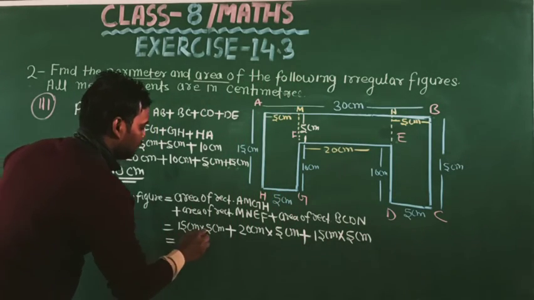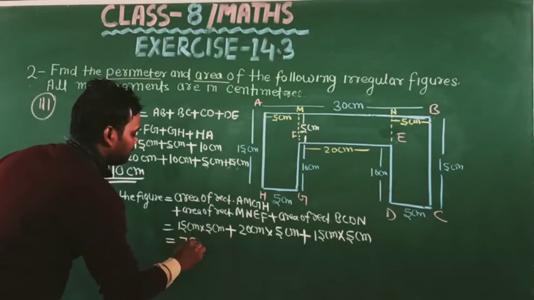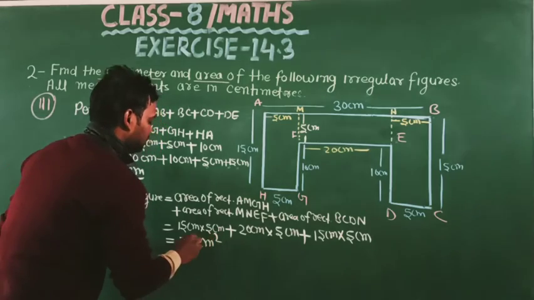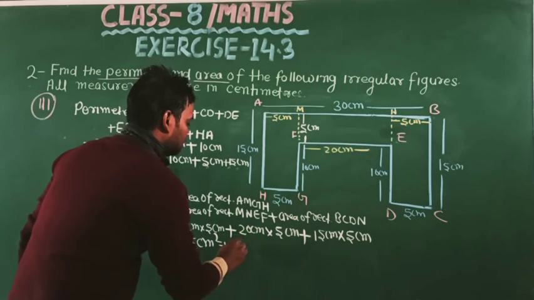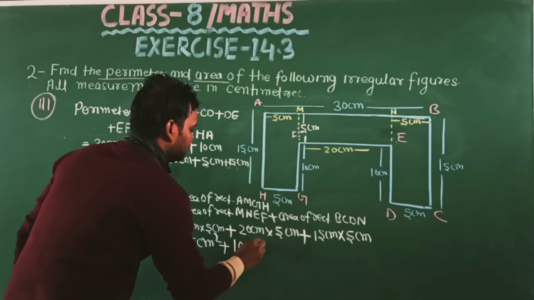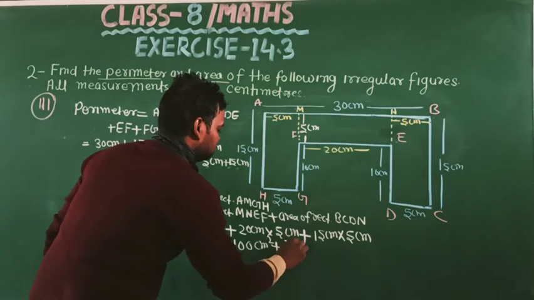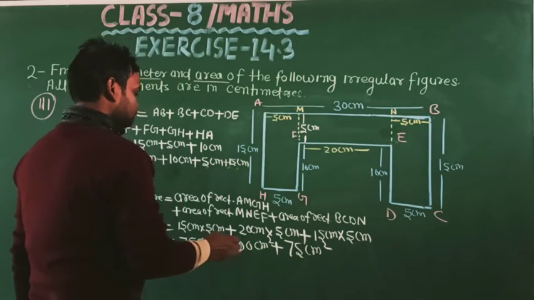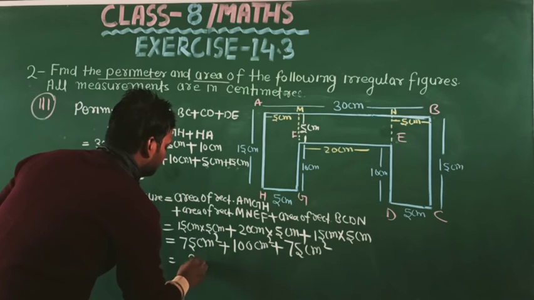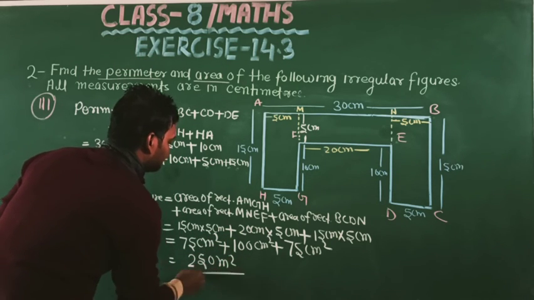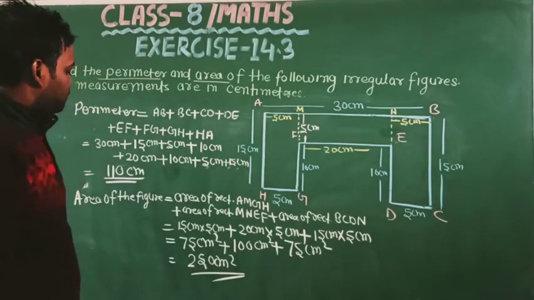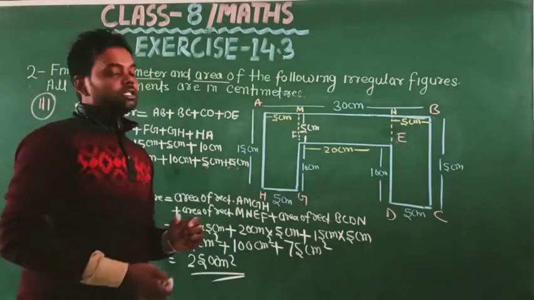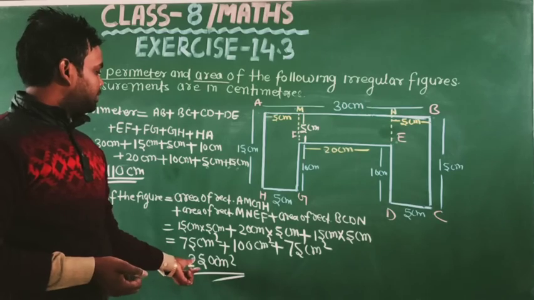So this is 15 5 75 centimeter square plus 100 centimeter square plus 75 centimeter square. So this is 250 centimeter square. Okay, total area of this irregular figure is 250 centimeter square.